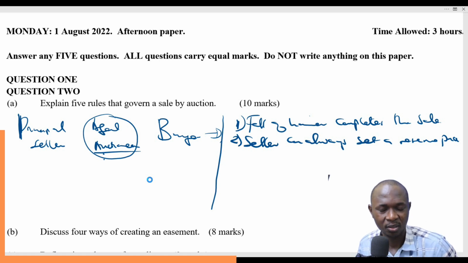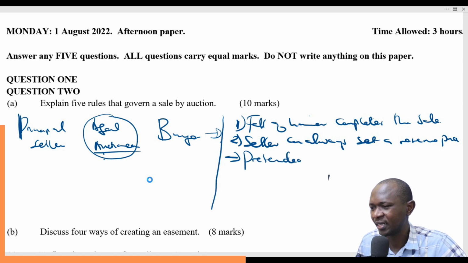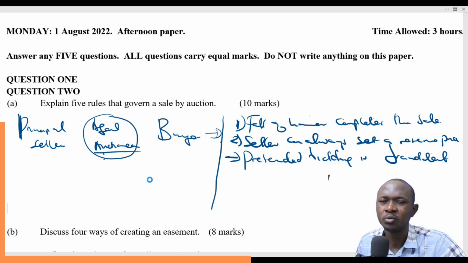Then the other rule is that pretended bidding is fraudulent. What do we mean by pretended bidding? Pretended bidding is where possibly you put some people around so that they can keep on raising the bids.